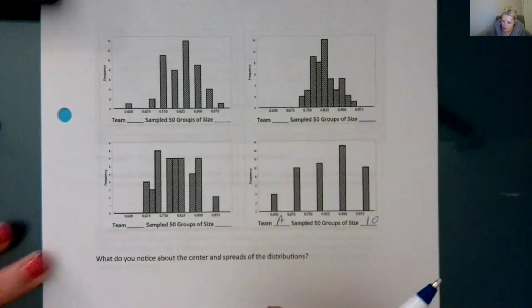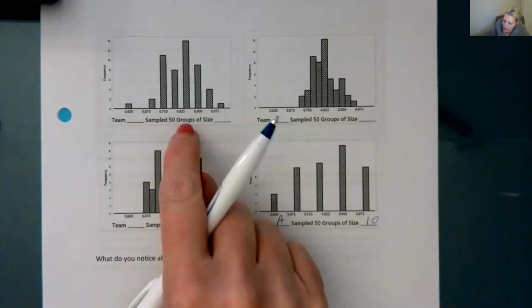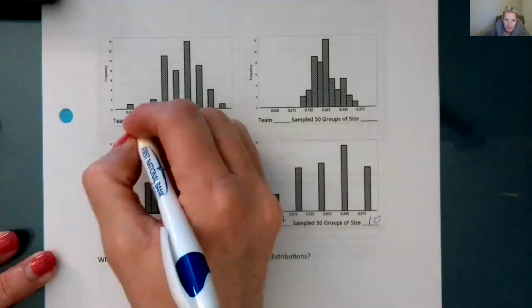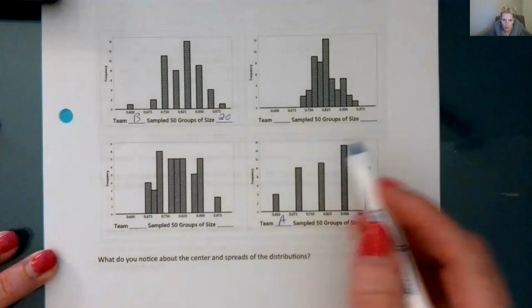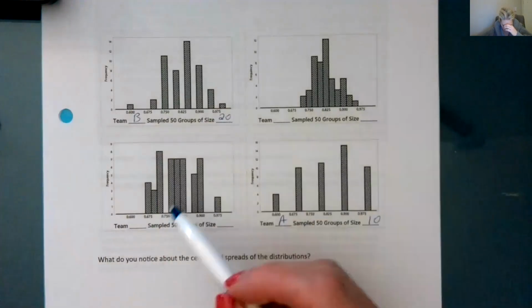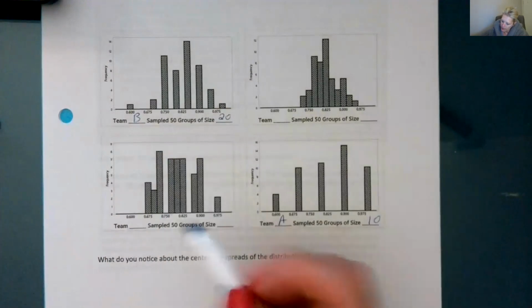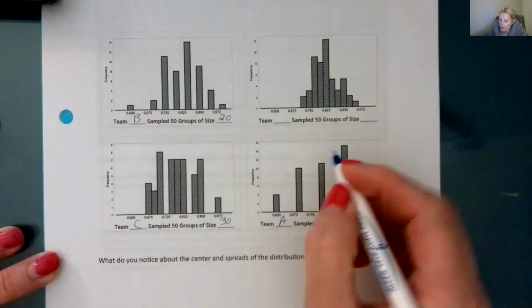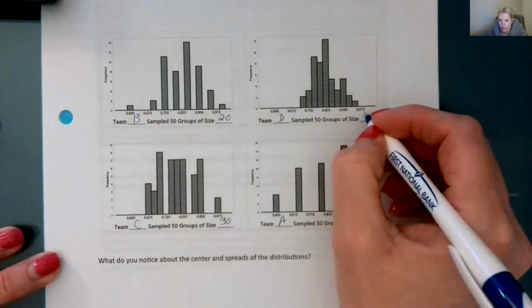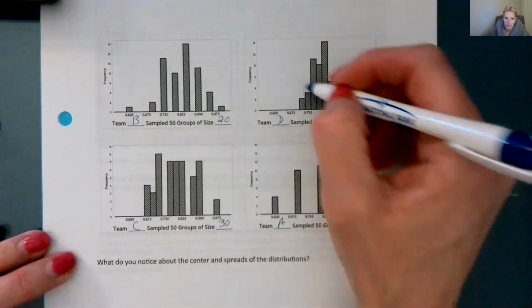And then the next one that's spread out is this one up here, B, samples of size 20. And then this one is becoming more normal, a little bit closer together, samples of size 30. And then the last one is D, where we have the samples of size 40, where it's very normal and has a small standard deviation.